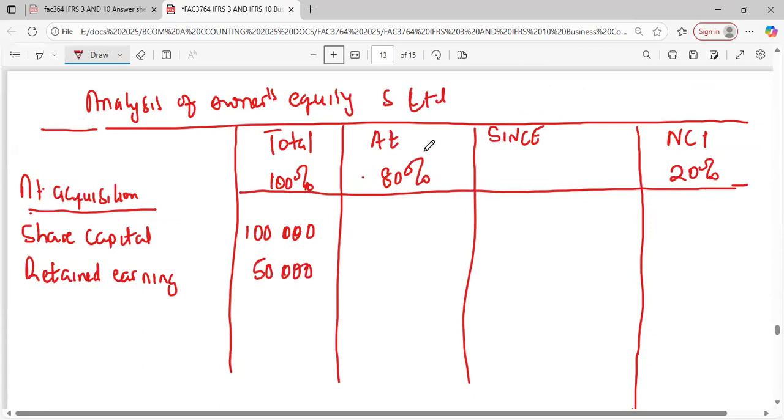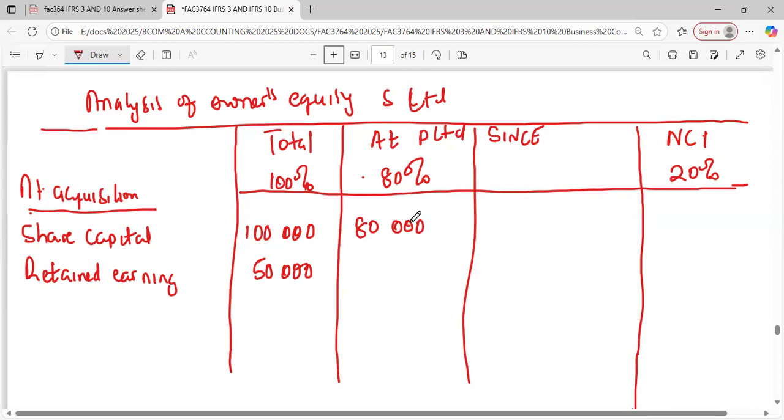So since P Limited purchased 80%, that's the equity that was purchased here. So how much is going to be 80% of 100? So this is going to be 80,000. Obviously, it's 80,000.